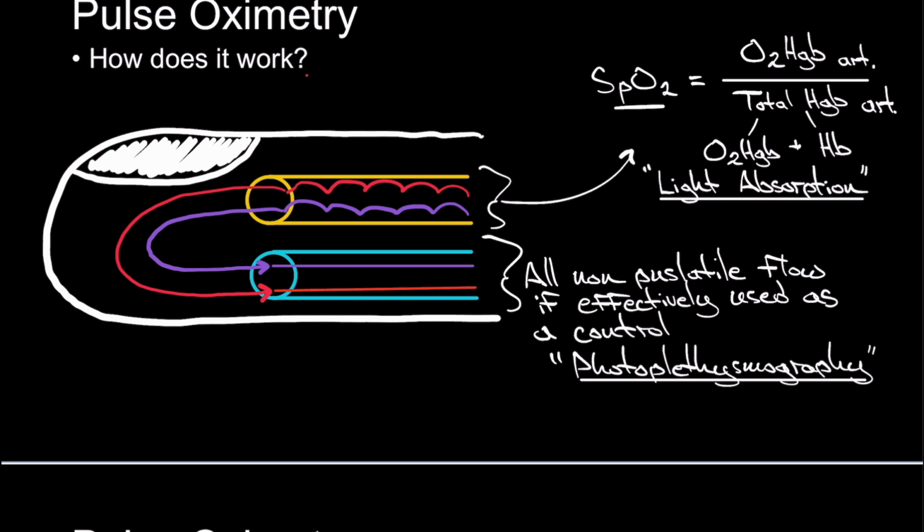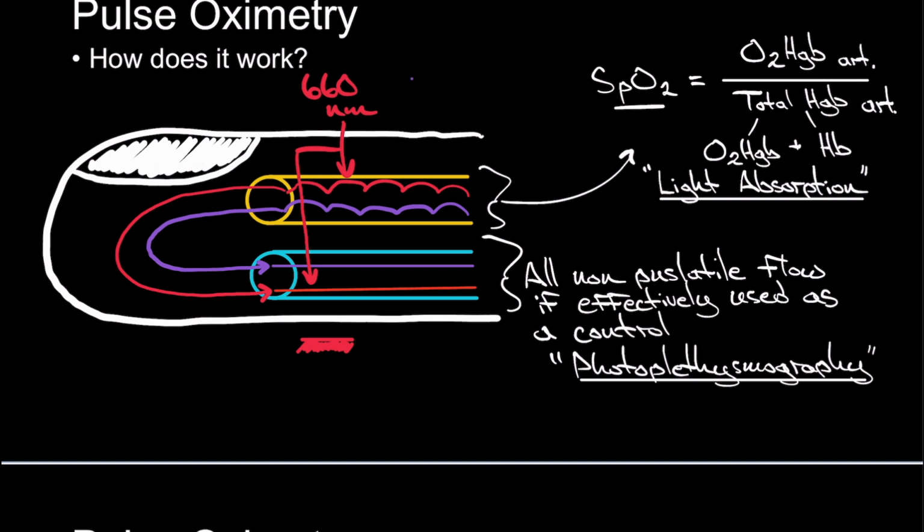So just to give a very brief overview, on the top of the clip, you have a light emission source that sends out 660 nanometers of light, and then it fires that down through the finger that's within the clip, and then there's a detection source down here at the bottom.